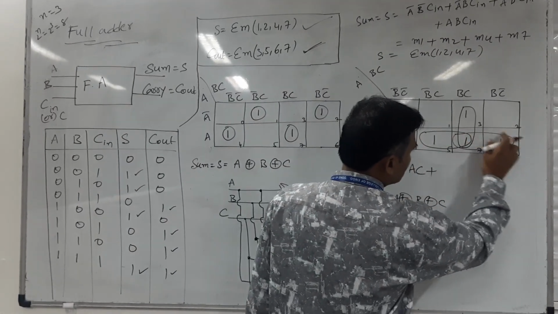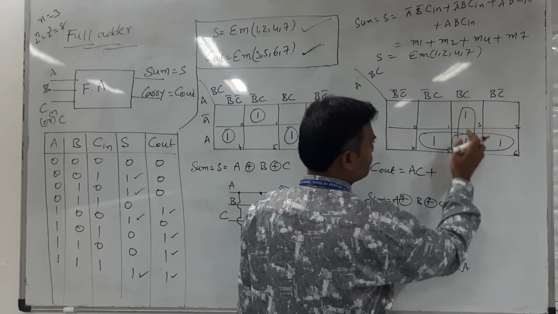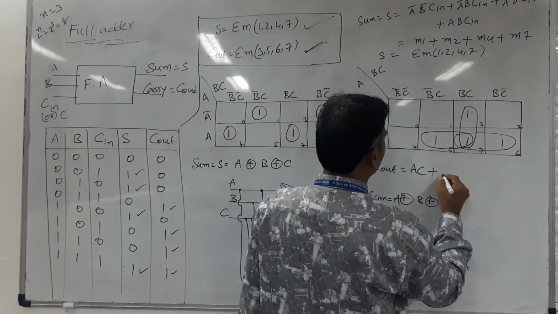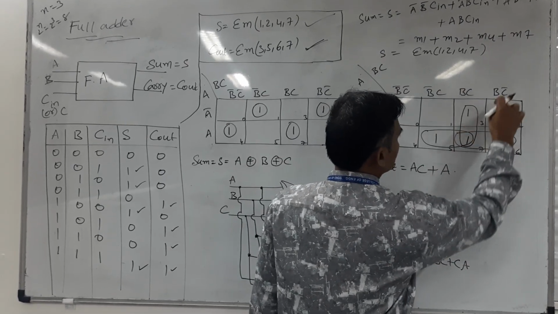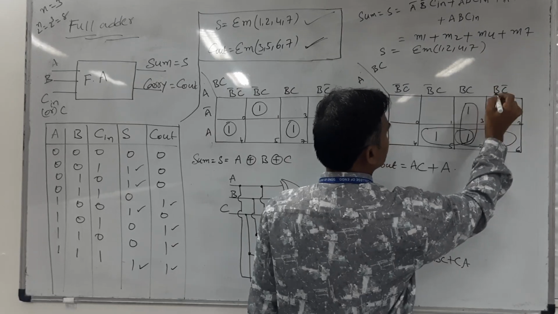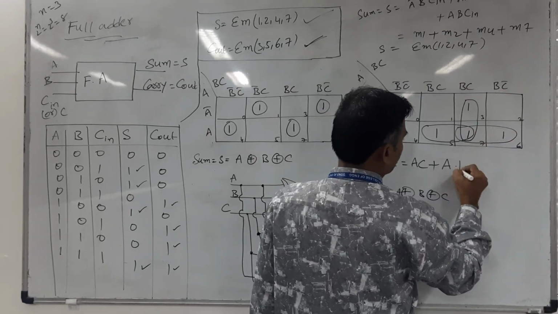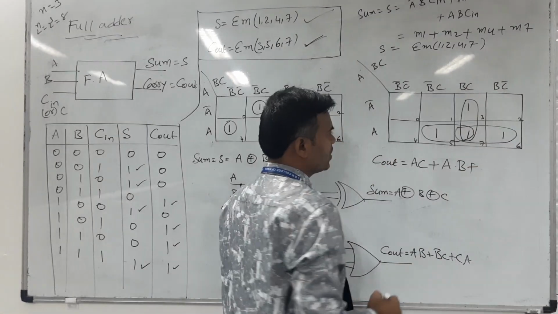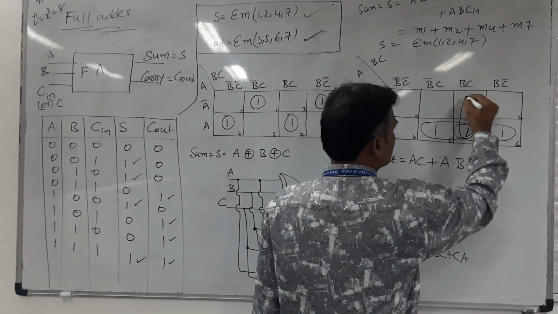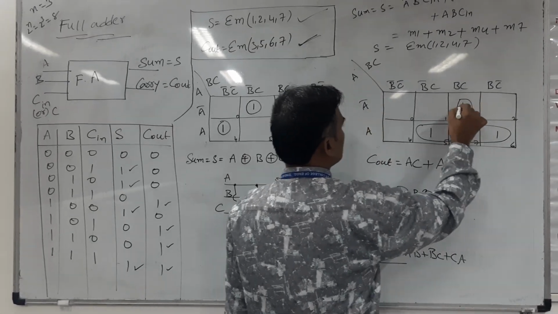next, consider the second group. From this, the simplified min term is A into, in these two columns, which is the common literal? B is the common literal. So write AB, plus. Next, consider this group of two.